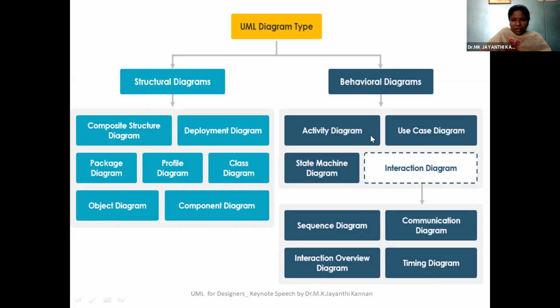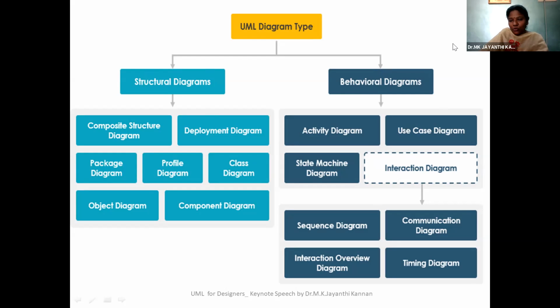And within the interaction diagram, we have sequence, communication, interaction, and timing diagram. So these 4 diagrams come under interaction diagram only. We already discussed that the activity diagram represents the internal activity, and the state machine diagram represents the external behavior of your function. So this is the main difference between the elements you have to use.